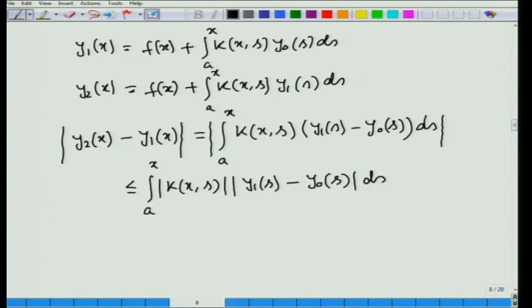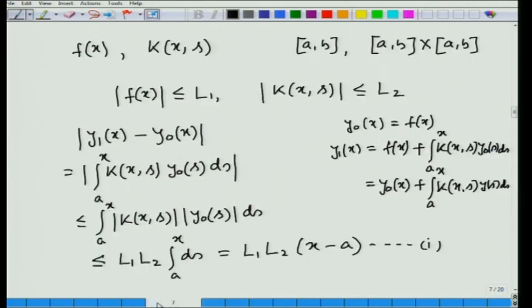Now, be careful, here we have modulus y 1 s minus y 0 s. Now, this s is ranging between a to x, and therefore, we can use this result, that is modulus y 1 x minus y 0 x is equal to this one. So, when we replace x by s, in this position we will be having s.